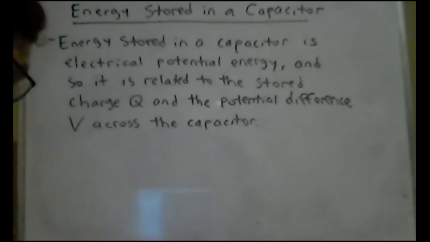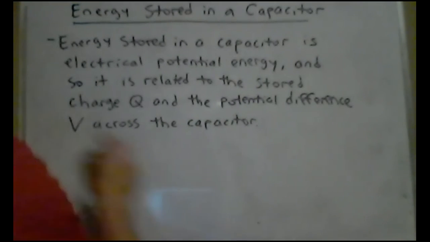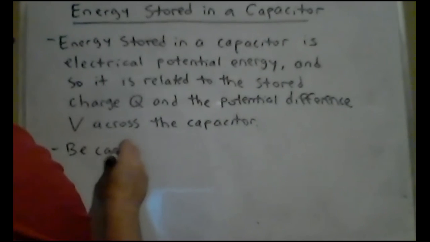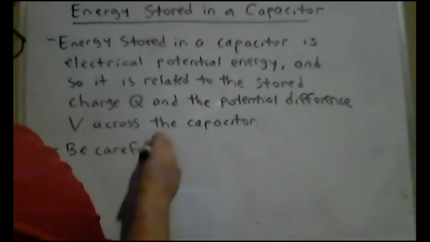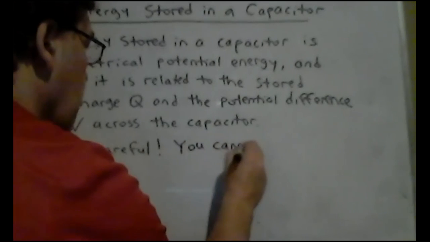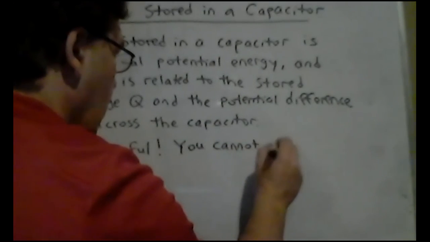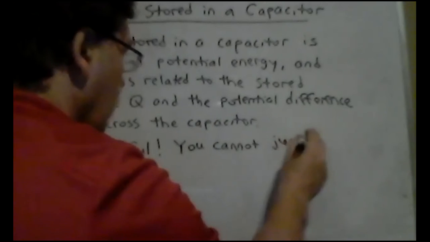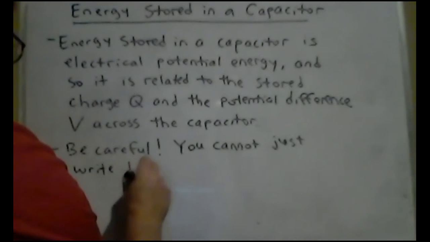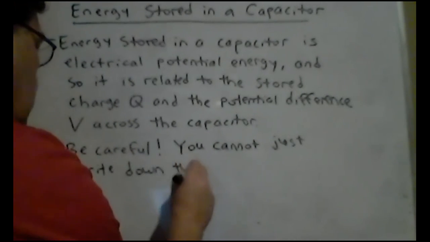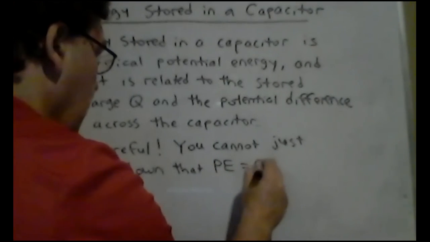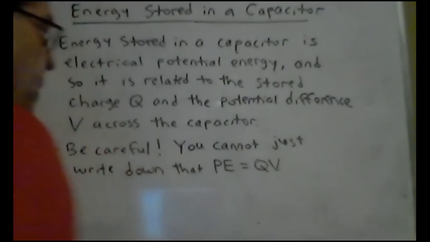Okay, but be careful. Be careful. You cannot just write down that the potential energy is QV. You might be tempted to do that.